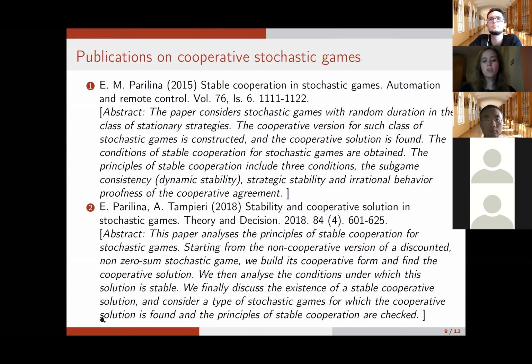We discuss the existence of a stable cooperative solution, consider some types of stochastic games in which the solution exists, and discuss the principle of stable cooperation for this class of games. Publication 3 is only a survey of the two classes, with infinite and finite horizon, of cooperative stochastic games, where the results of my co-authors and me are described.